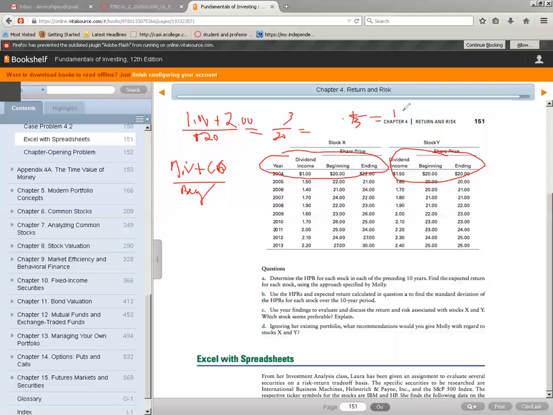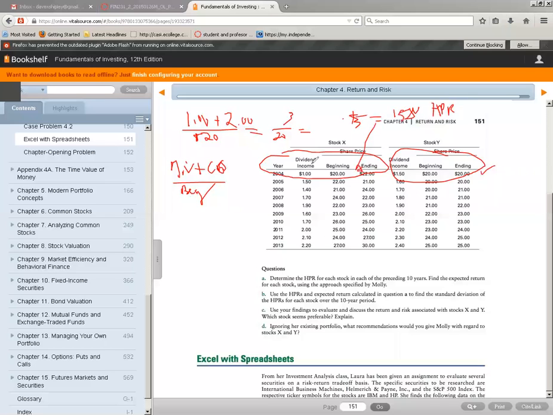It's 15%. Okay, so we've done step 1, which is calculating the HPR, the holding period return for 2004 for stock X. We have to do that same thing for stock Y for 2004, and then all the rest of these years as well. Okay.